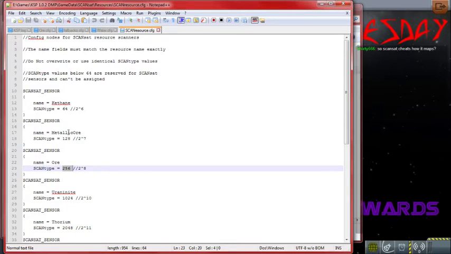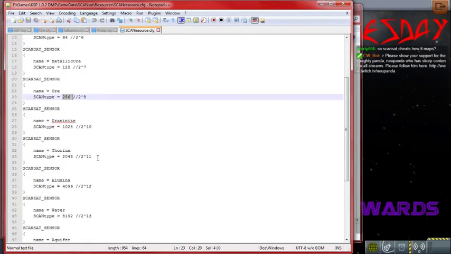This is a binary sequence. 64, 128, 256, 1024, 2048, 4096, and so on. It's a bit-wise sequence, a walking one sequence, as it's often referred to. So why they've done it that way, I can only assume that it's to do with the actual way that the resource map is generated and recorded.